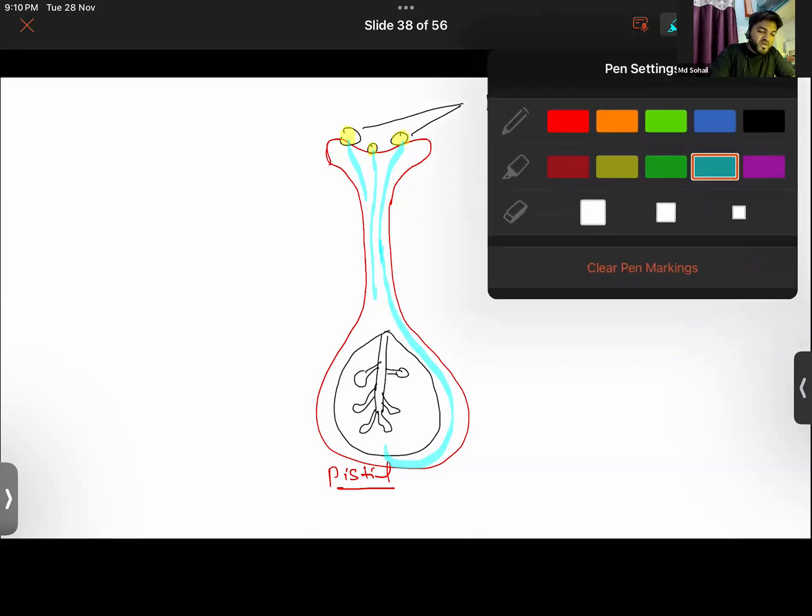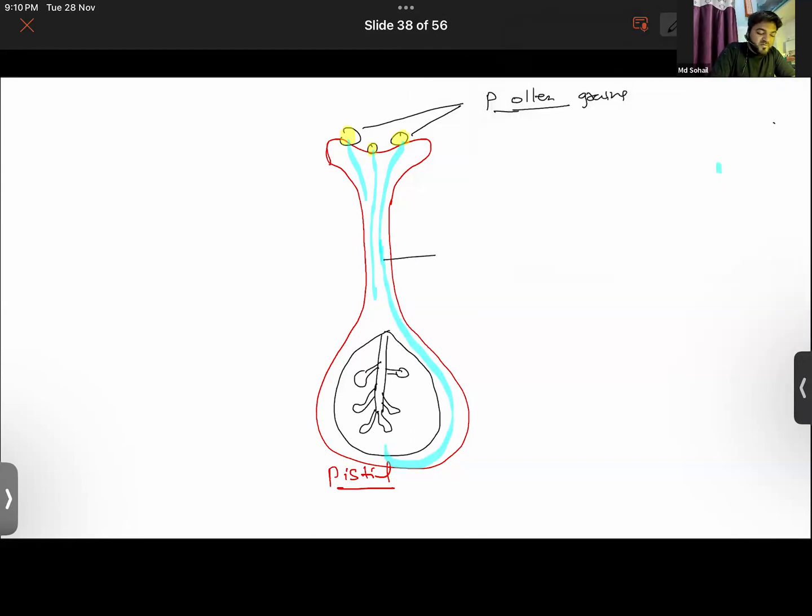Getting it now? Since this tube is formed by the pollen grain, it is called a pollen tube. So the pollen grains will form a tube-like structure, and via that tube they will go into the ovary.